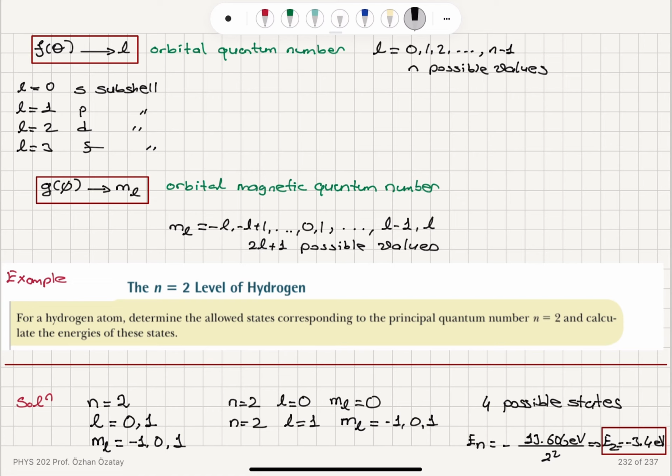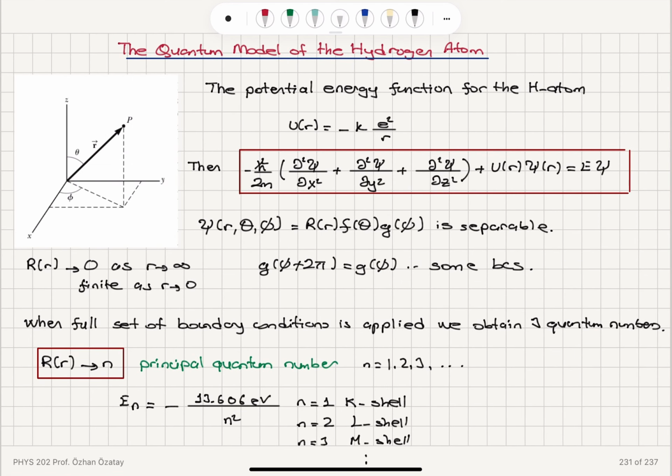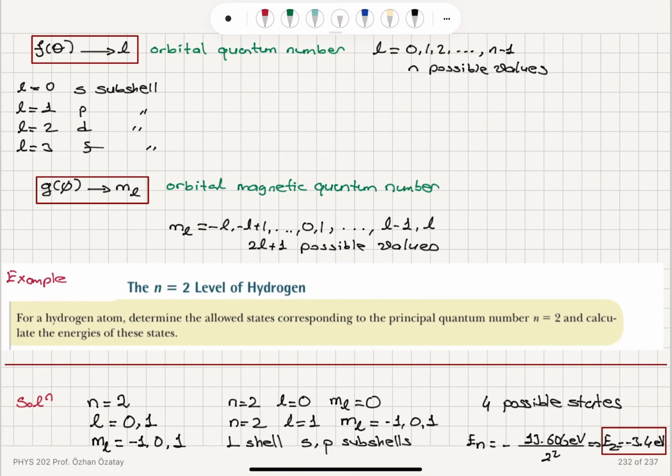So we have the L shell here, possible subshells S and P subshells are possible, and the corresponding M sub L values are also listed. So if we use this terminology here, it's the L shell with the S and P subshells present in the n equals 2 level of hydrogen.